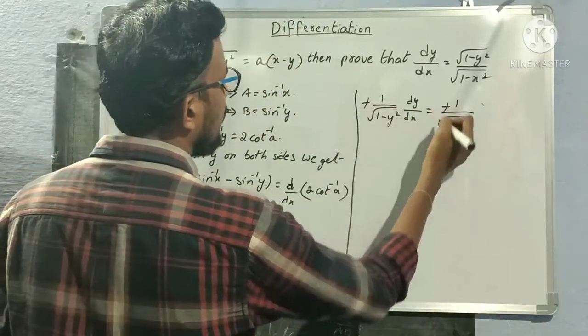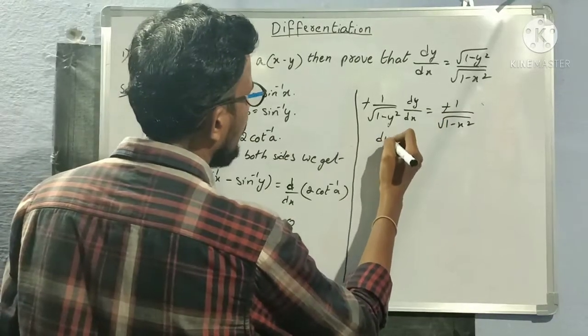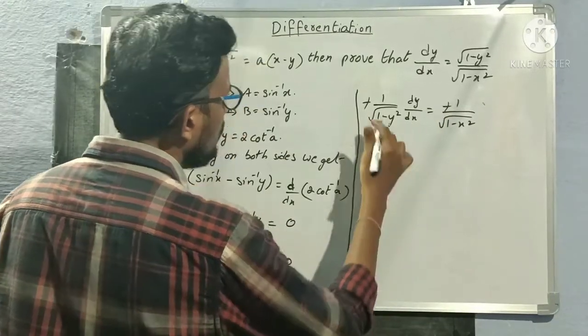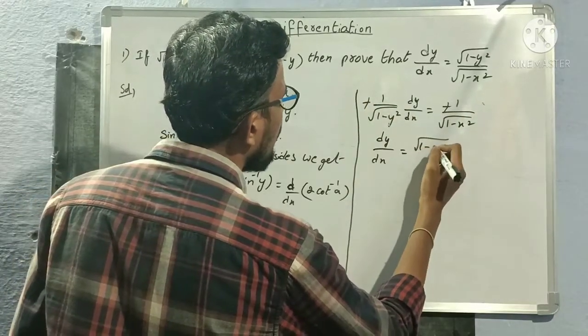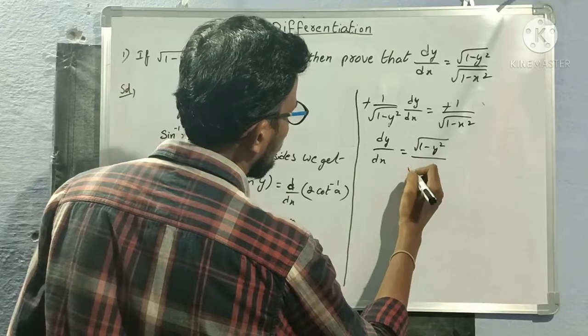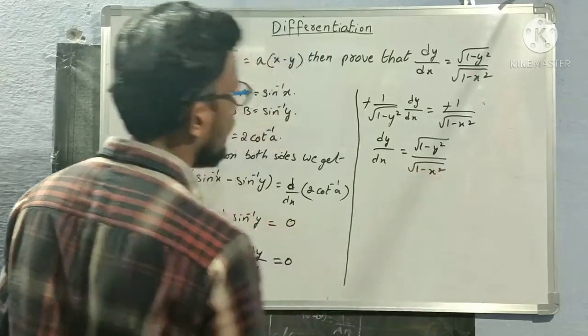Here minus minus gets cancelled. So dy by dx is equal to, now this is division, if I send it that side it becomes multiplication, so square root of 1 minus y square by square root of 1 minus x square.